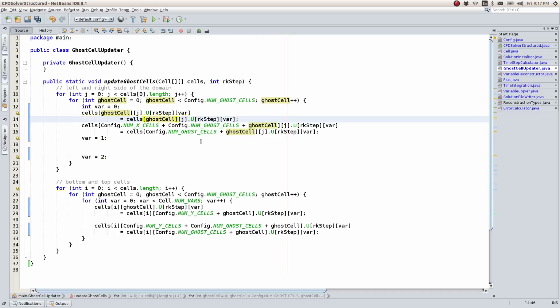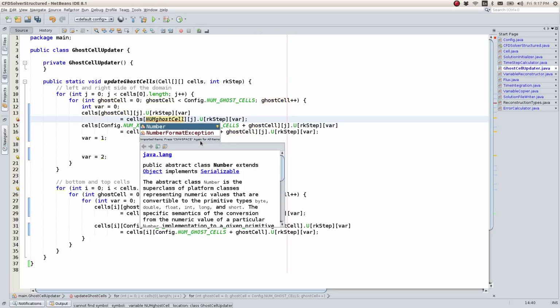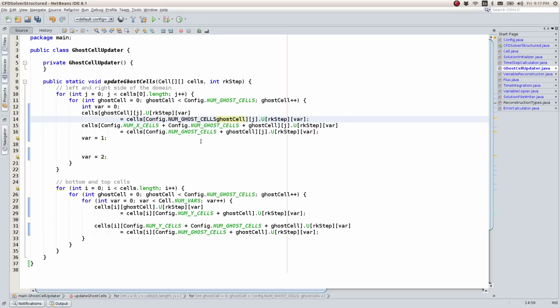For each of the ghost cells we need to go in the reverse direction, so it will be number of ghost cells plus 2 times number of ghost cells minus the ghost cells.